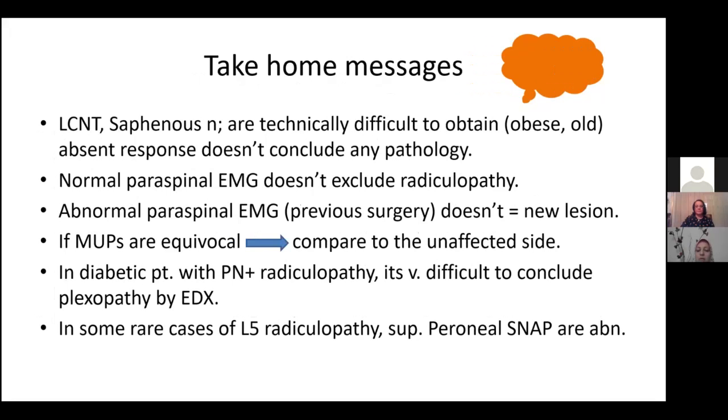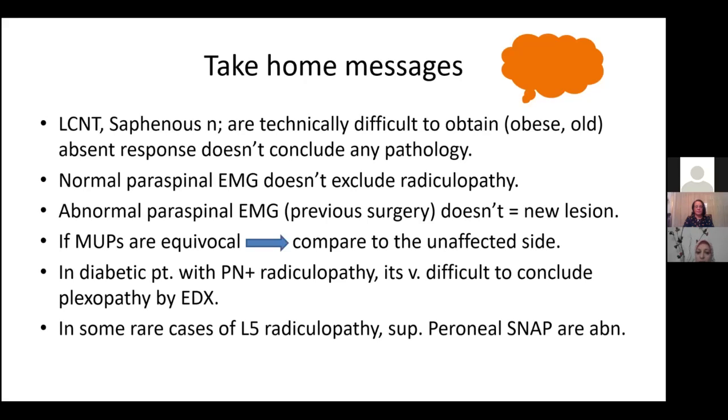Abnormal paraspinal muscle EMG in the presence of previous spine surgery doesn't mean a new lesion, as abnormalities of the paraspinal muscles on EMG may last 4 years. If motor unit potentials are equivocal or borderline compared to the other unaffected side, in a diabetic patient presenting with peripheral neuropathy and polyradiculopathy, it's very difficult to conclude plexopathy by electrophysiological studies.